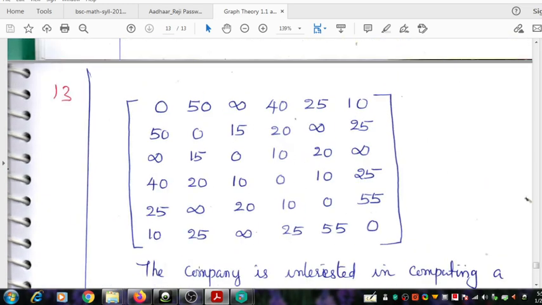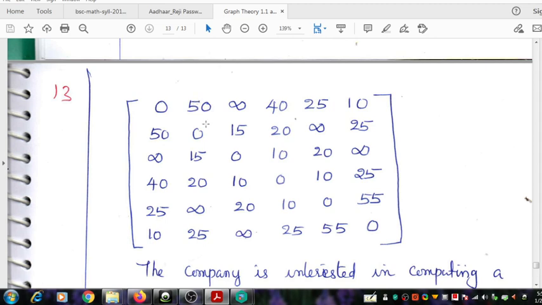You can see this is the matrix showing the travel fare. These are the cities C1, C2, C3, C4, etc., 6 rows and 6 columns, which also represent the 6 cities. From the first city to the first city there is no travel because it is the same city, so 0 is the air travel. But from the first city C1 to the second city, the fare is 50.